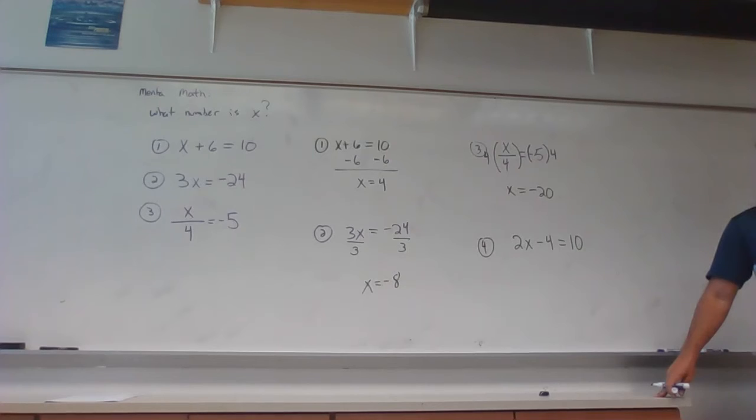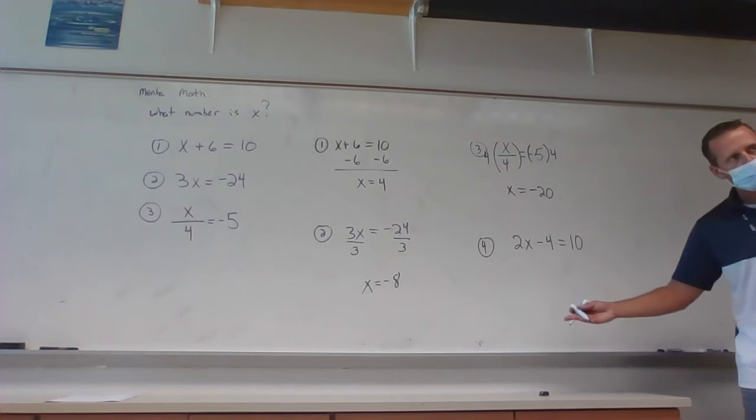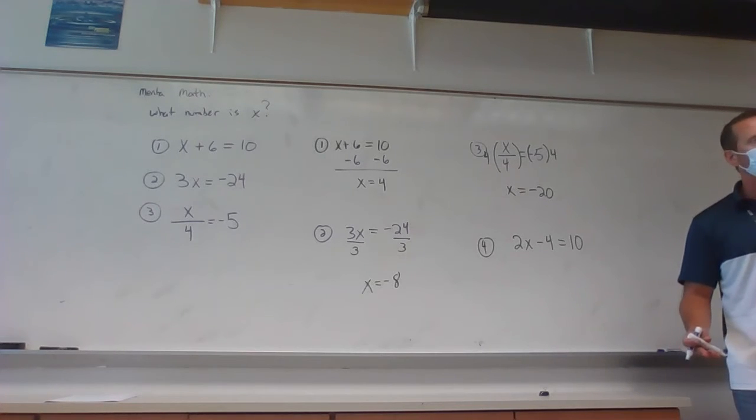And now we have to think, well, mentally it's not as easy. Can we do it in our head? We can answer. But we're doing a couple more steps in our head now, right? And imagine if there were 4 steps up here and we're undoing all those steps in our head.